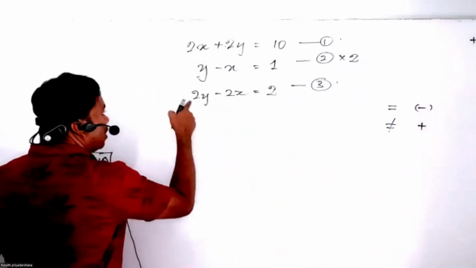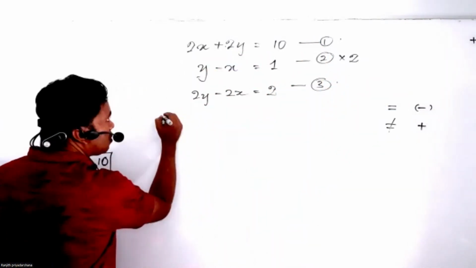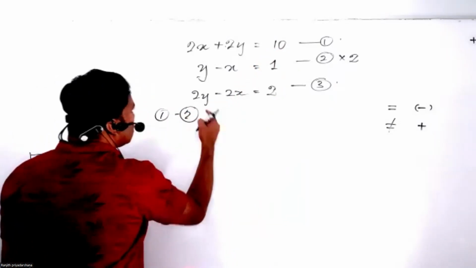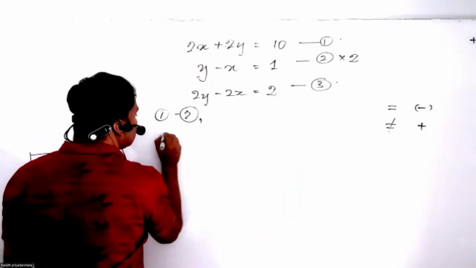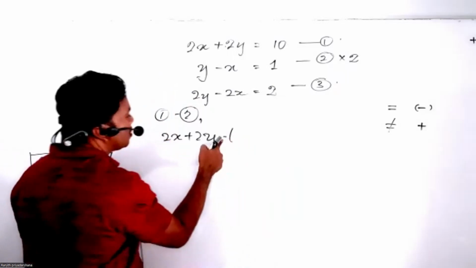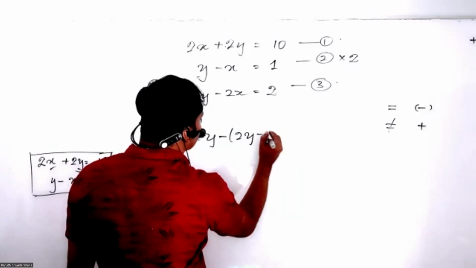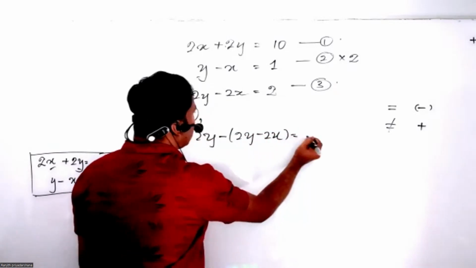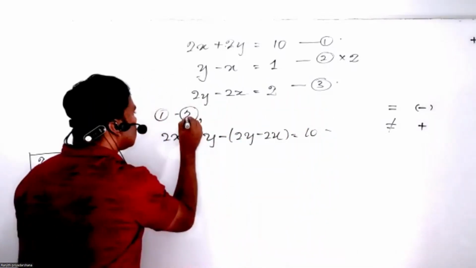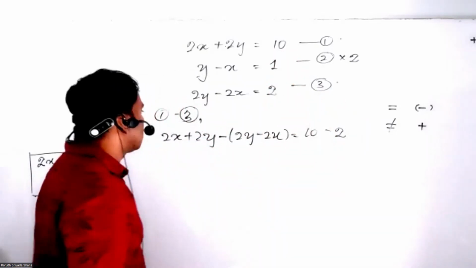Here you have to subtract because both are positive. So the first equation subtraction the second, the third equation. On the left side 2x plus 2y subtraction, and when you do subtraction, you have to write the brackets: (2y minus 2x), and the right side 10 subtraction 2.